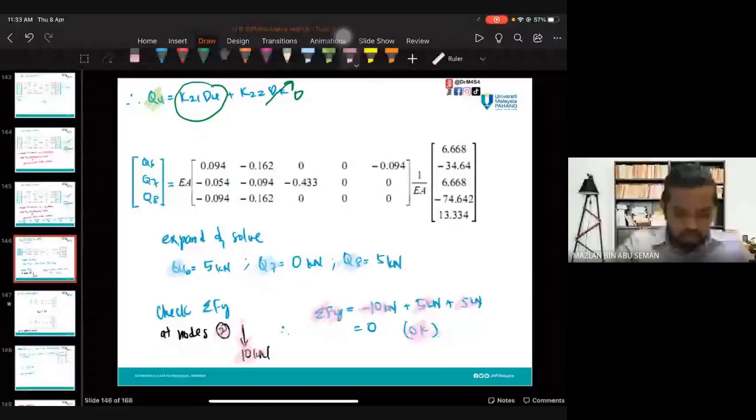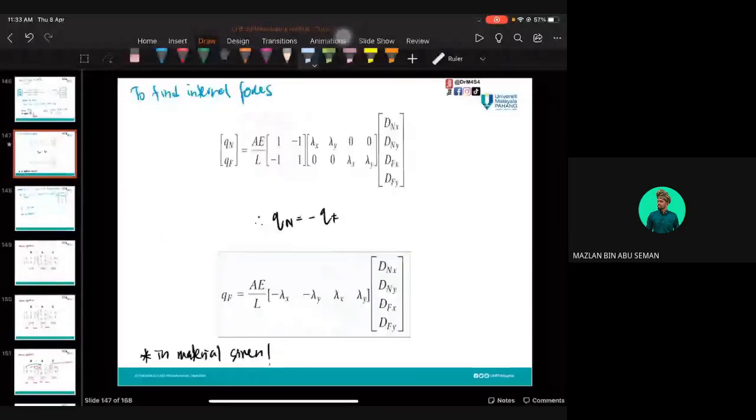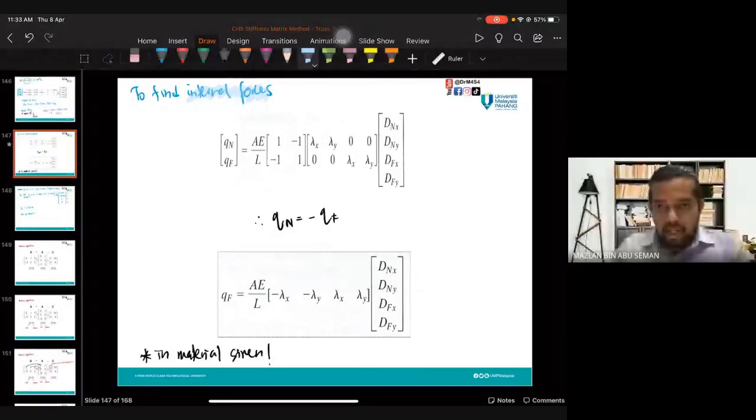Okay, next you have to find small q. Small q is the internal forces in each member. Hopefully you downloaded the material, because my notes just use the formula, but this formula is explained in your notes, how you get it. In your notes you will get Qn and Qf.